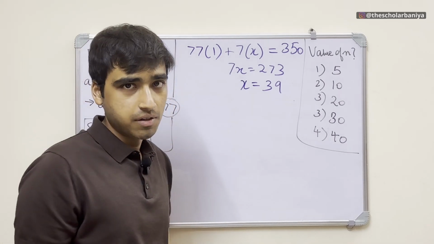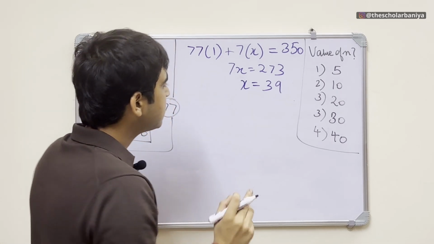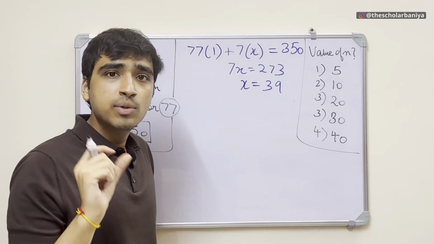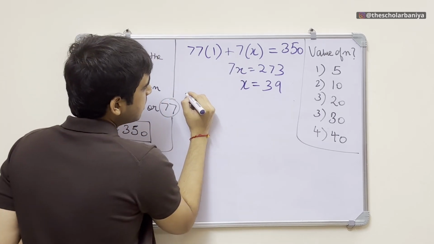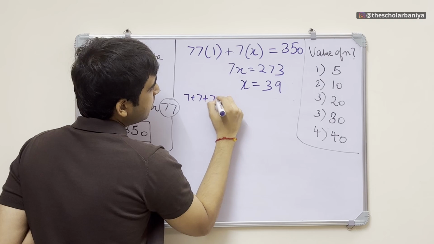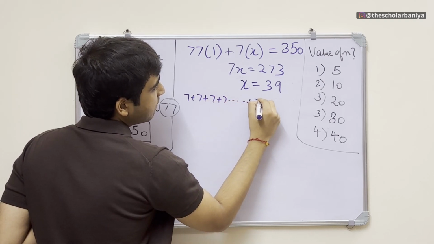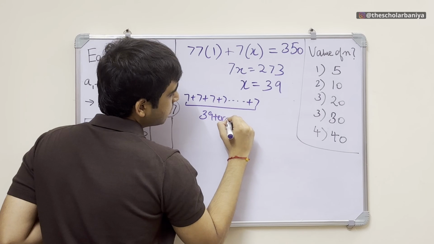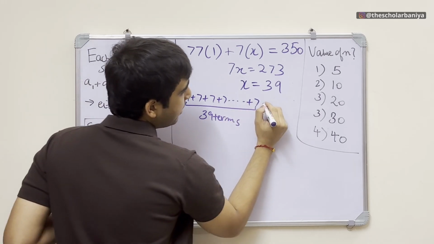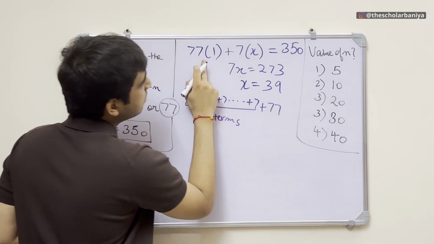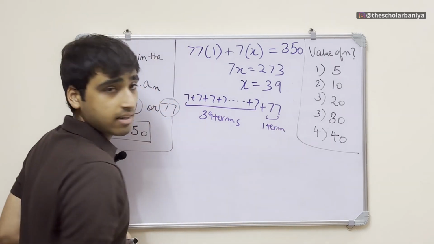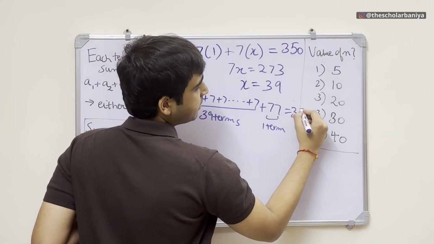This means that there are 39 numbers whose value is 7. So 7 plus 7 plus 7 and so on, 39 terms, plus 77, which is one term, and the sum is obviously 350.